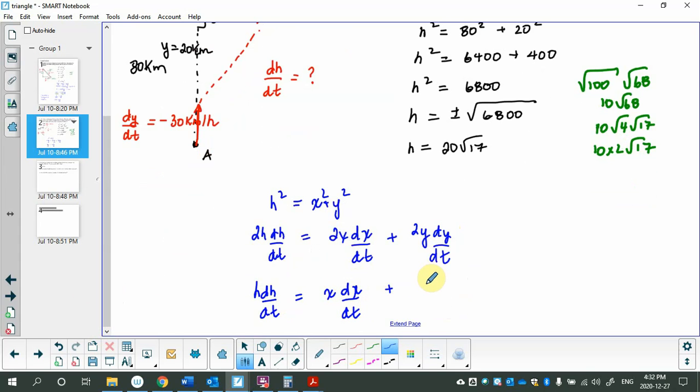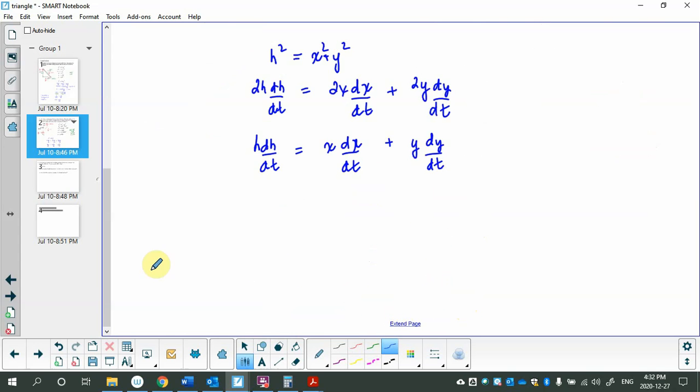Now, you can't just write this down. And the reason is because this line is not the derivative of h squared equals x squared plus y squared. This line is the derivative all divided by 2. So now I can use my values.